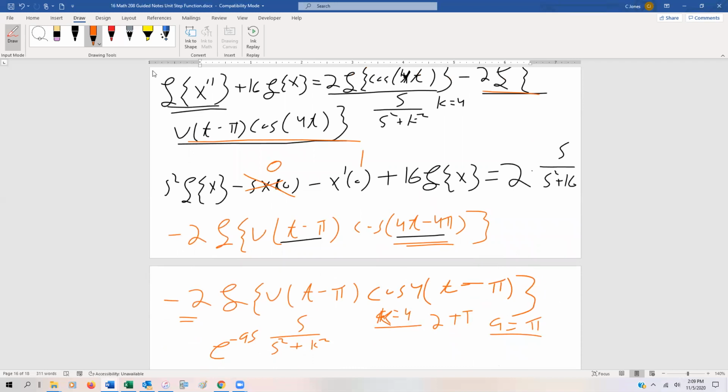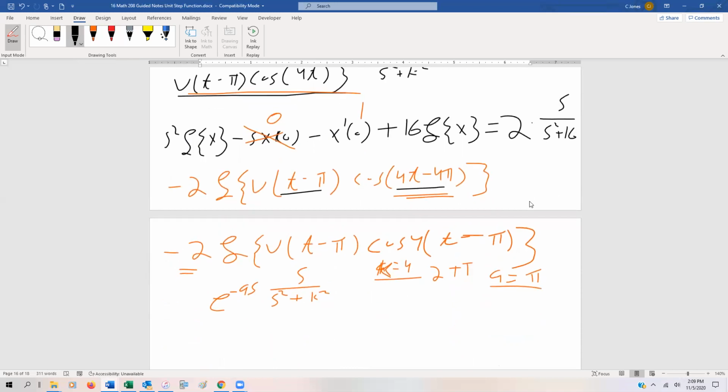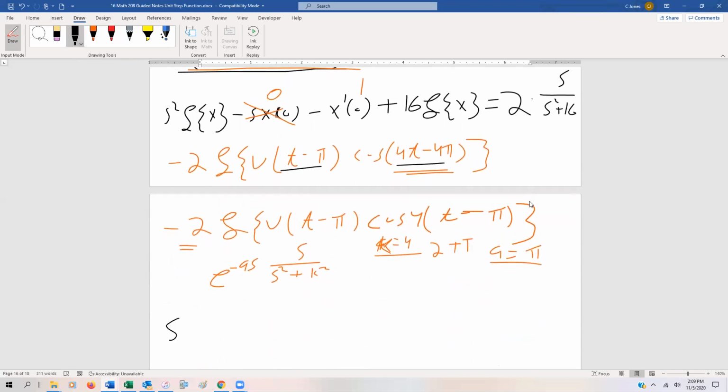So after we copy everything down, we're going to wind up with s squared Laplace of x, and we're going to get minus 1 plus 16 Laplace of x.